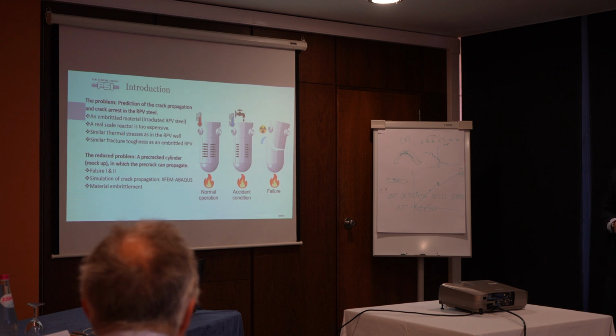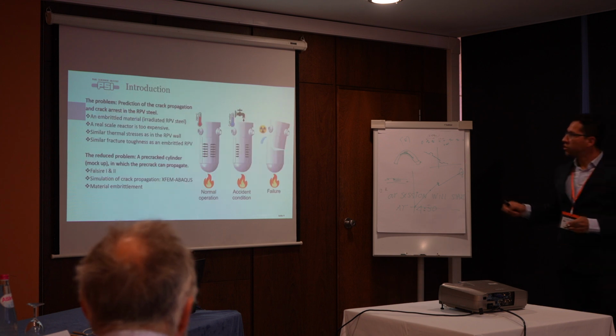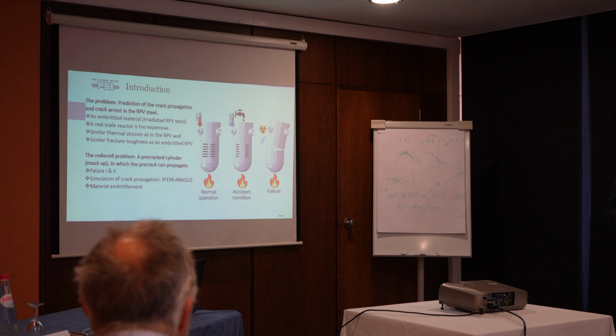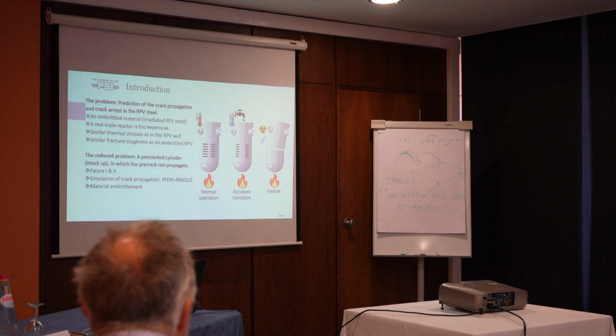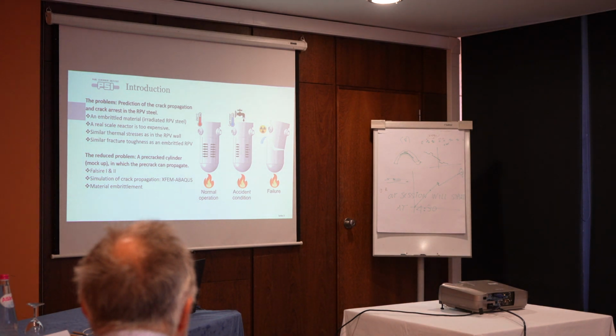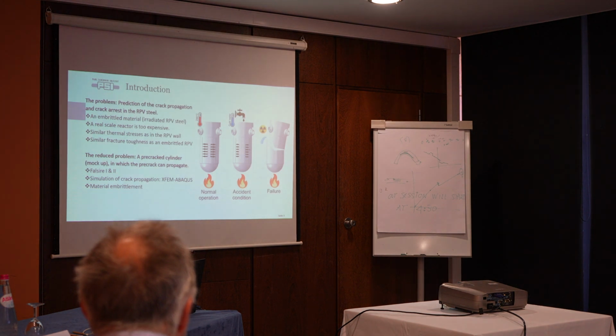We want to predict the crack propagation and crack arrest in RPV steel. In normal conditions, the RPV is at high temperature and high pressure, but when an accident occurs, like a loss of coolant accident, the pressure decreases rapidly and also the temperature due to the cold water that is injected.